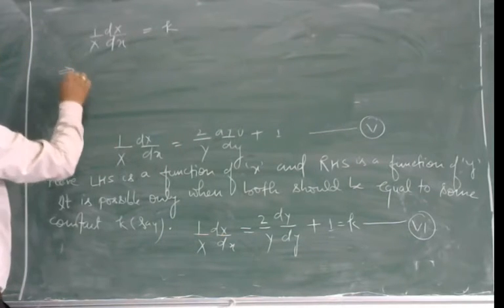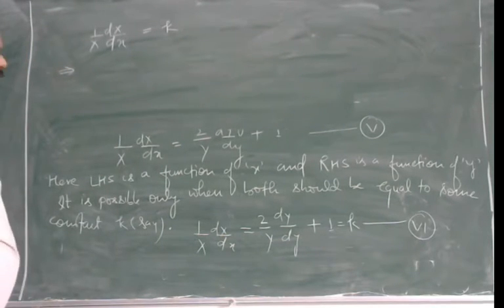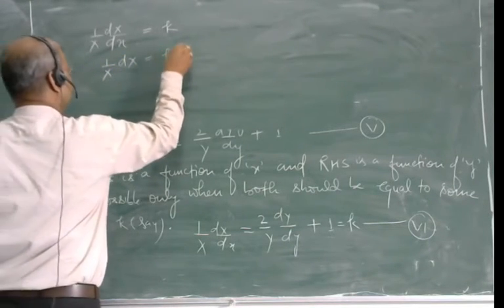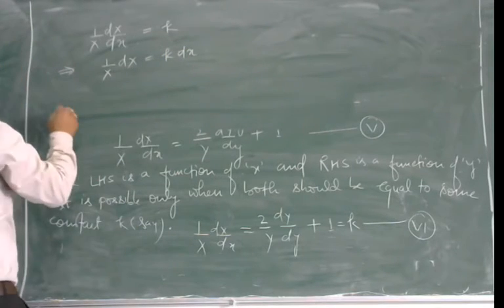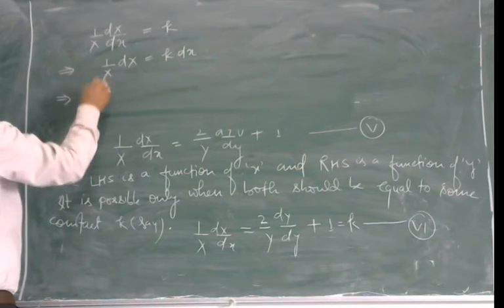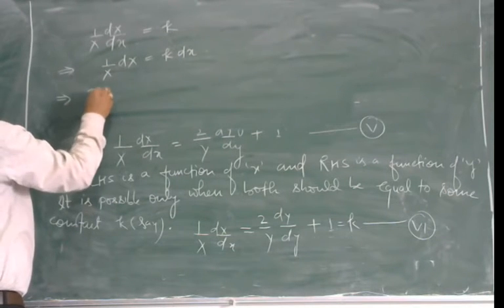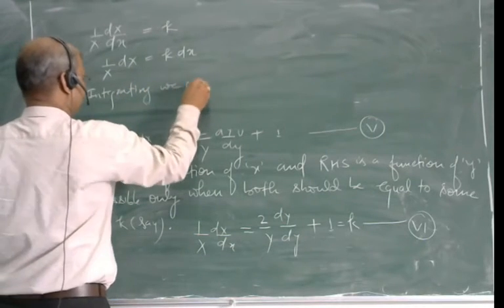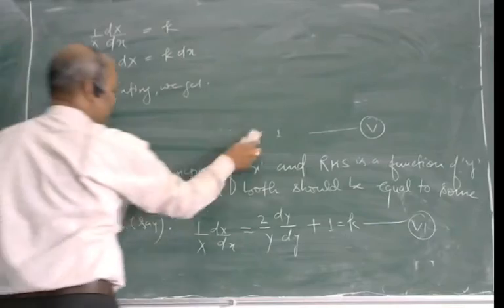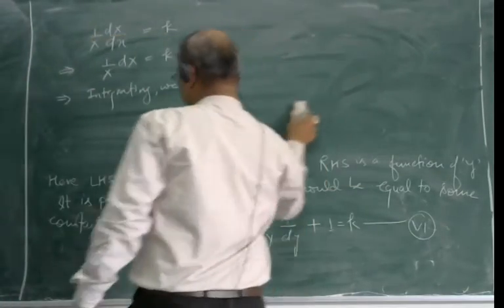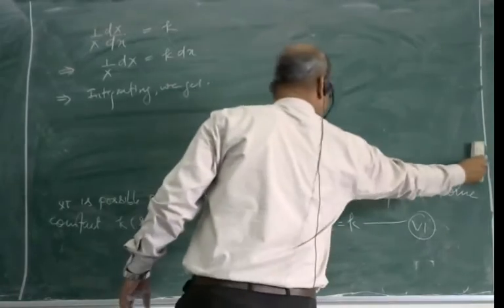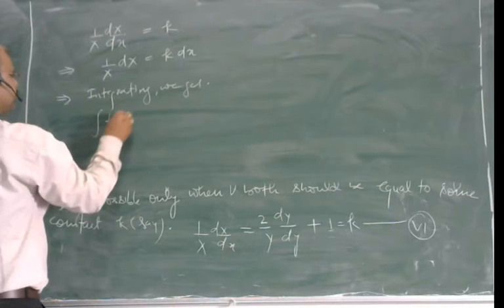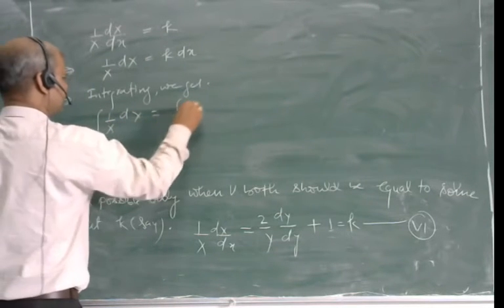So by doing separation of variables, it will be k dx, and now here 1/X, after integrating, we get, what we get after integration, we will obtain the integral of (1/X) dX is equal to the integral of k dx.